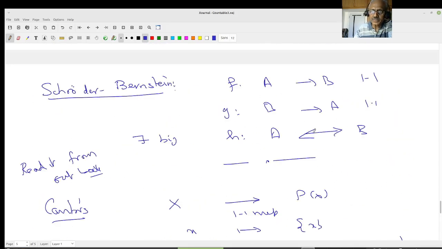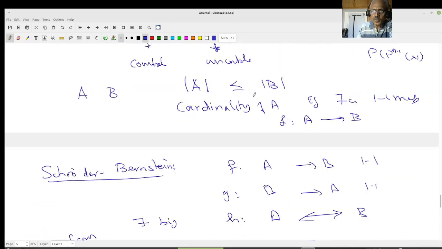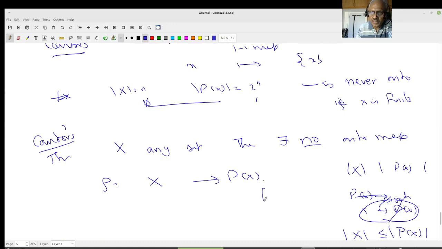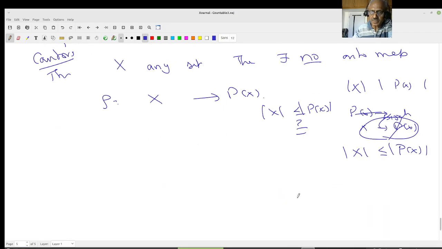Go back to this: if there is a 1-1 map of A into B, then cardinality of A is less than or equal to cardinality of B. Therefore, cardinality of X is less than or equal to cardinality of P(X). Are they equal is the question. If they are equal, there is a bijection, and then there is a map from X onto P(X). Cantor's theorem says no such thing exists.